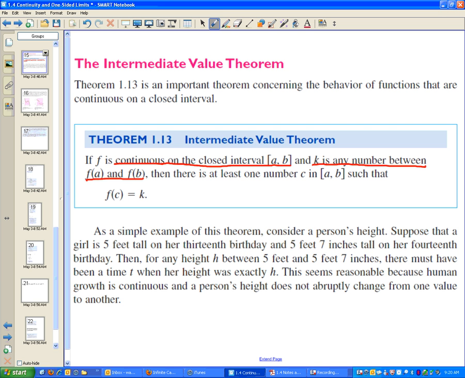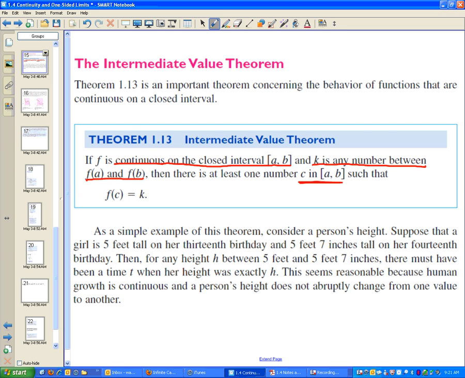You have to have a function that's continuous on the entire closed interval. You have to have a number that's between the y values that occur at the endpoints of the graph on this interval. When those two things happen, then there's at least one number c in the interval from A to B. So c is an x-coordinate.